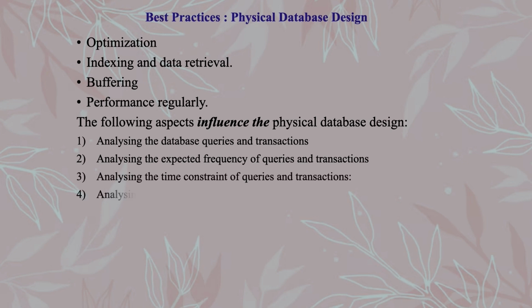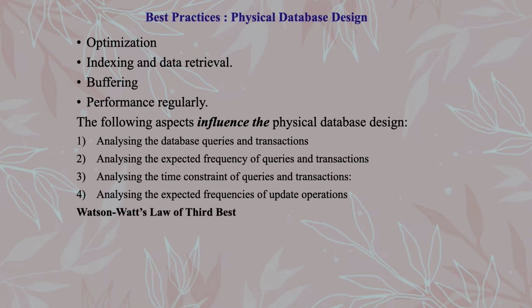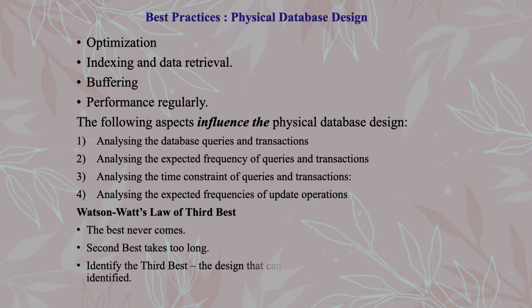Some queries and transactions may have stringent performance constraints with respect to response time, and the selection attributes used with the queries. Then analyze the expected frequency of update operations. A minimum number of access paths should be specified for a file that is updated frequently, because updating the access paths themselves slows the update operations.